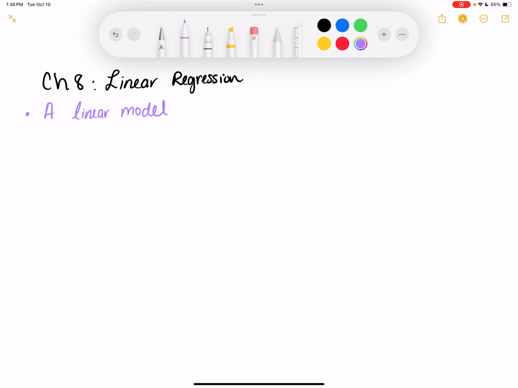It's such a struggle. All right, linear regression. A linear model is the equation of a straight line through a data set.